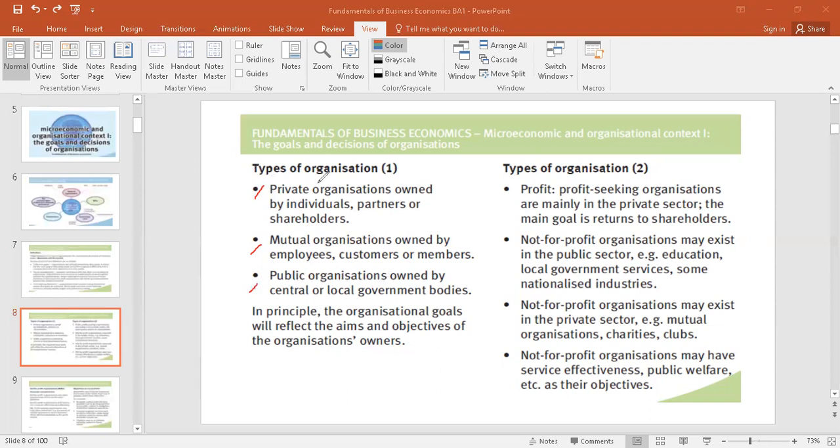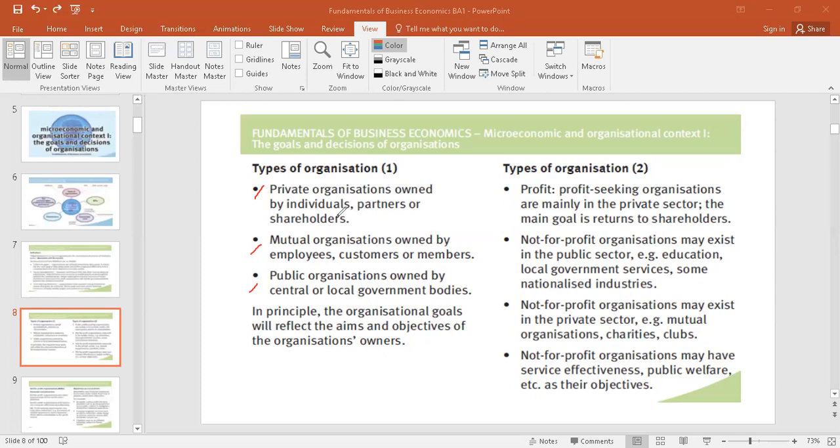Now, what are private organizations? Private organizations are owned by individuals, partners, or shareholders. We do not see the role of the public sector here. These are private individuals, entities who come together and join together. We call such an organization a private organization.